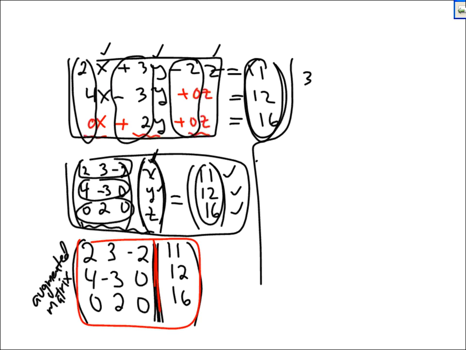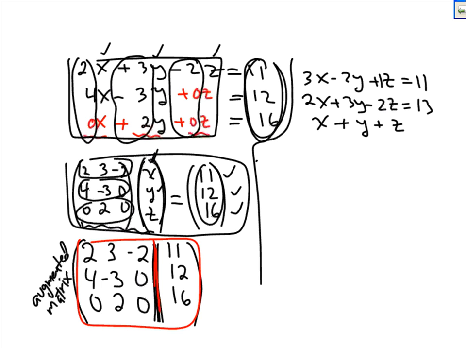So if you have 3x minus 2y plus z equals 11, it's understood to be 1z. 2x plus 3y minus 2z is 13. 1x plus 1y plus z equals 2. An augmented matrix is, well, remember you have 1s here. Just write down the numbers in front of x. Put zeros in if you need to.